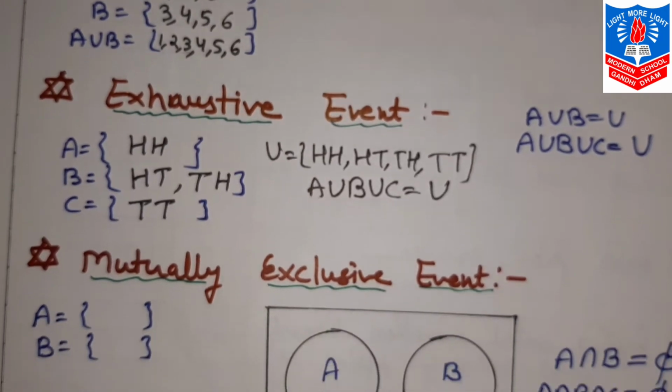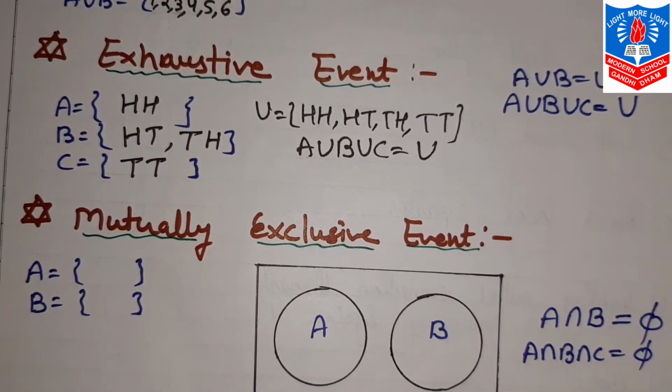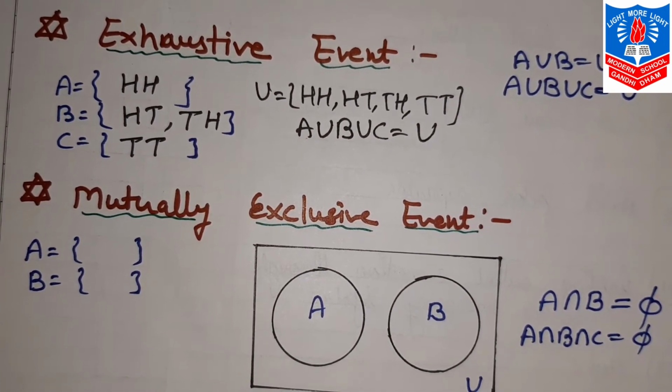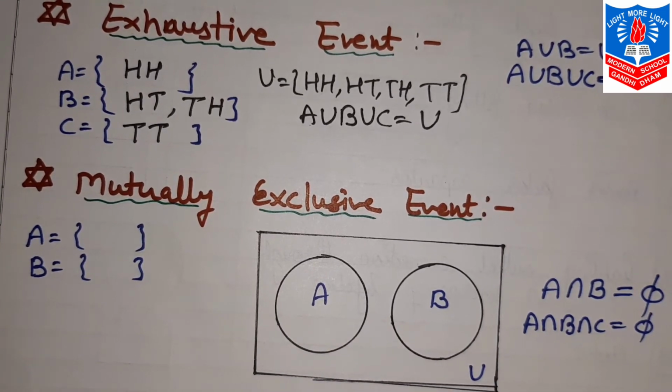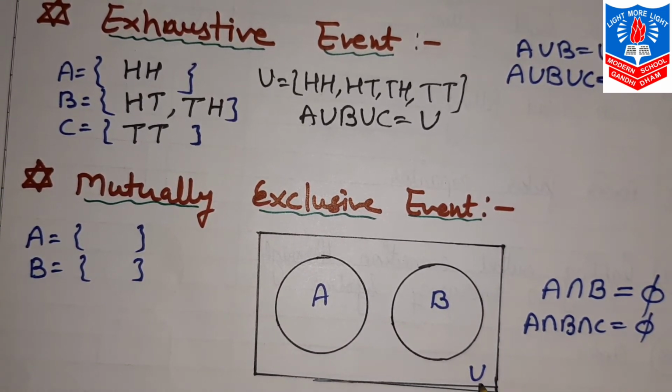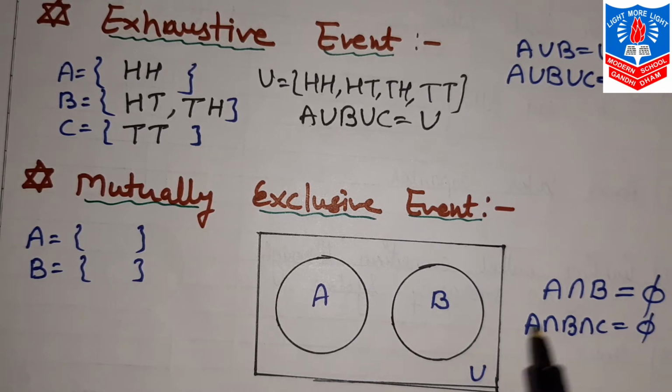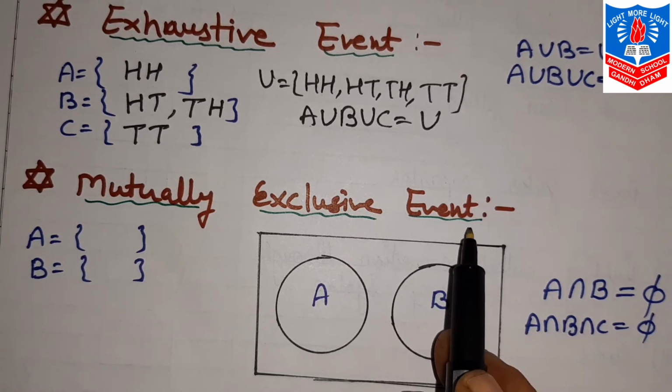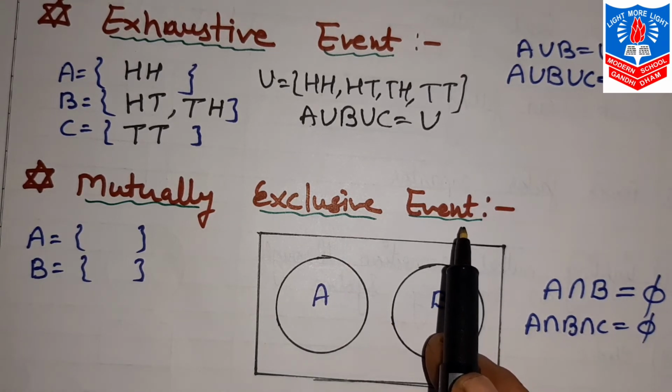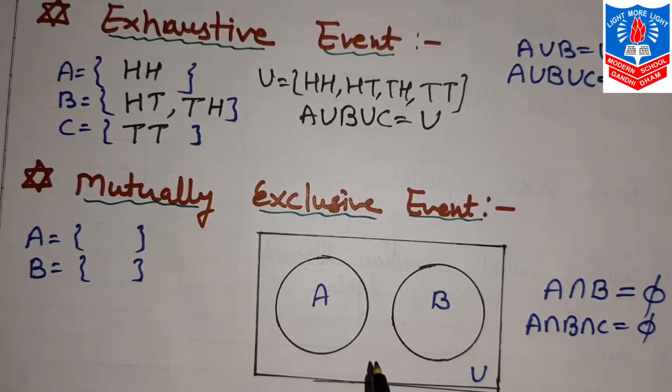Now next is the mutually exclusive event. What is it? If U is a finite sample space and A and B are two subsets of the sample space U, if A intersection B is the null set, then A and B are said to be mutually exclusive events. Now this is very simple.